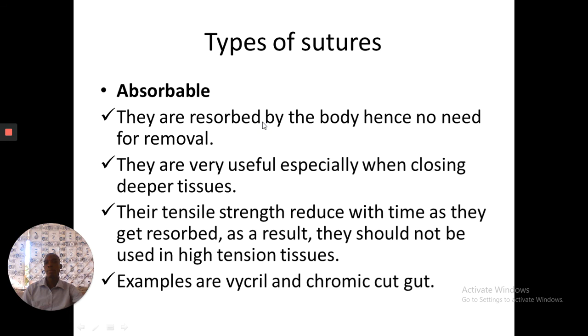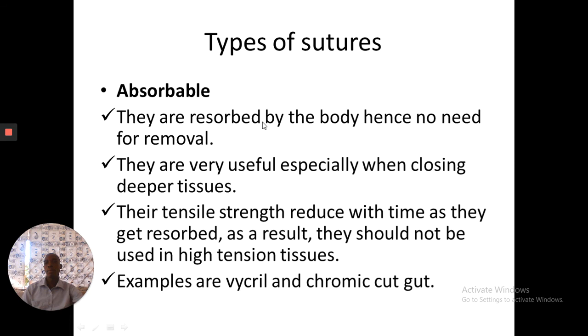So I was talking of absorbable sutures, and I was saying these are sutures that once you use them, the body just resorbs them, and you do not have to come back and remove them. So they are very useful when you are suturing deeper tissues because again, you do not need to open the person again, go deep there, and remove them.